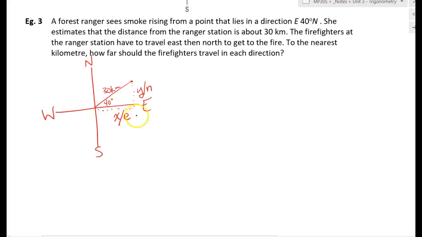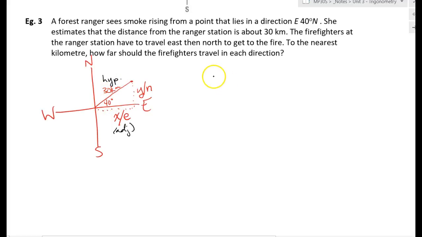The only problem with using a little e is that little e actually has a value attached to it. So I'm not going to use those. I'm going to use X and Y just to get in that habit. So to figure out X, this is my adjacent. So adjacent, this is the hypotenuse and my angle.